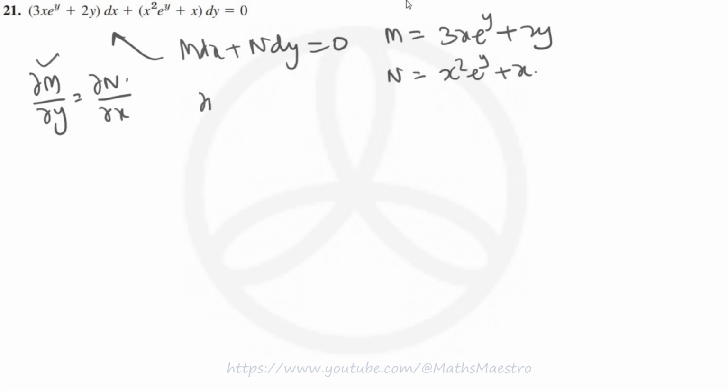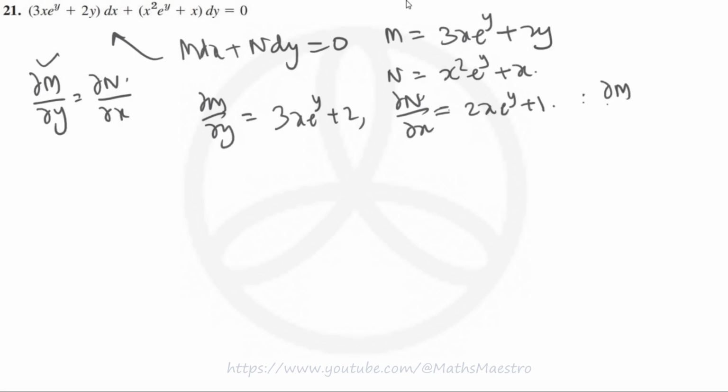Let us find delta M by delta y, which is 3x e to the power y plus 2, and delta N by delta x, which is 2x e to the power y plus 1. These are not equal. Since delta M by delta y is not equal to delta N by delta x, this is not exact.